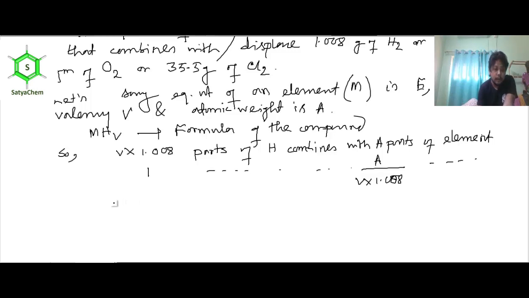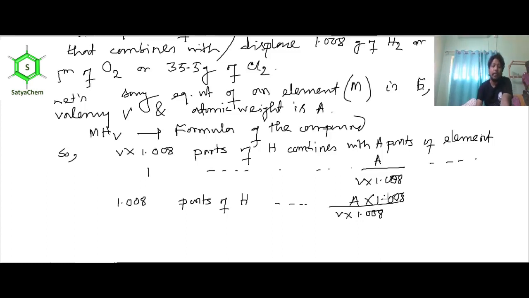So now, 1.008 parts of hydrogen combines with A by V into 1.008 parts of element. It's just a simple unitary method.